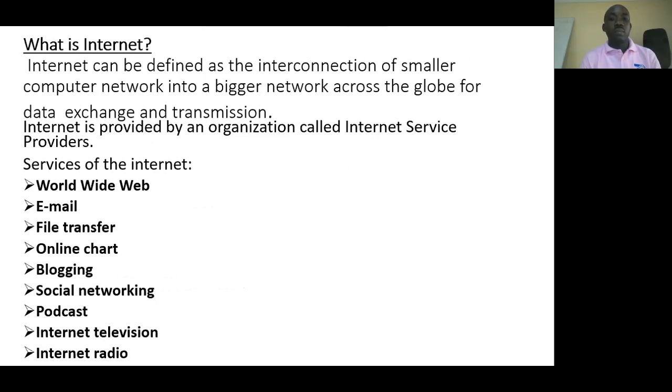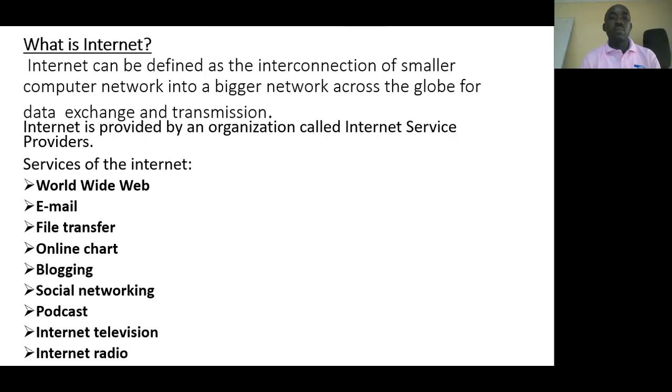With this, knowing the various types of computer network, let's move further to look at what the internet is all about. We said the internet can be defined as the interconnection of smaller computer networks into a bigger computer network across the globe for data exchange and transmission.